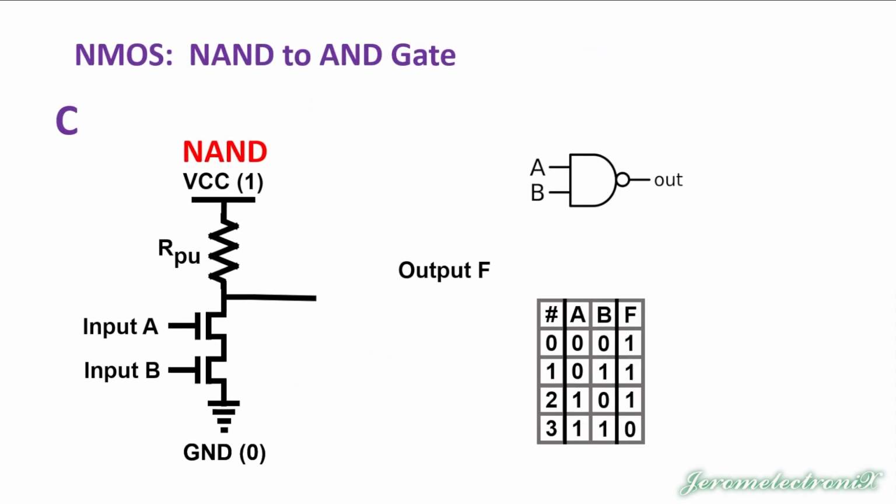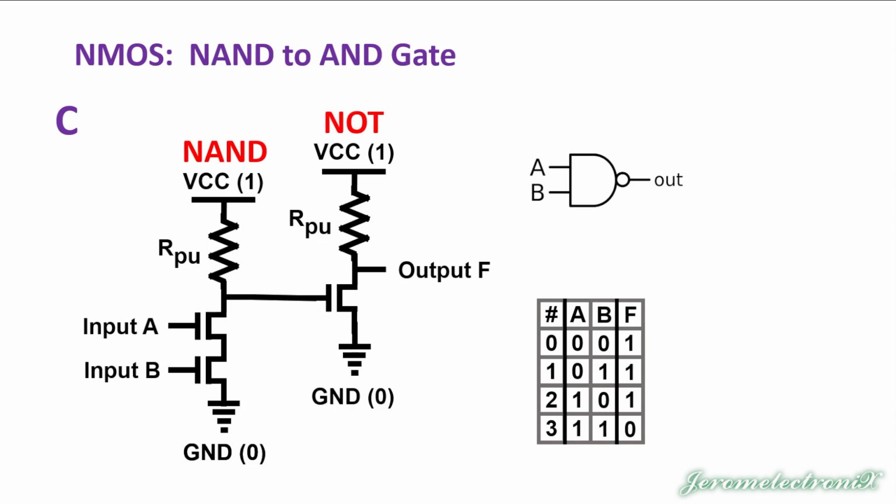Now, we're on to gate C, which is including a NAND gate. What we're doing is setting up a NOT gate on the outside of the NAND gate. So if you can see that, all we're doing is inverting over on the schematic symbol of the NAND gate.